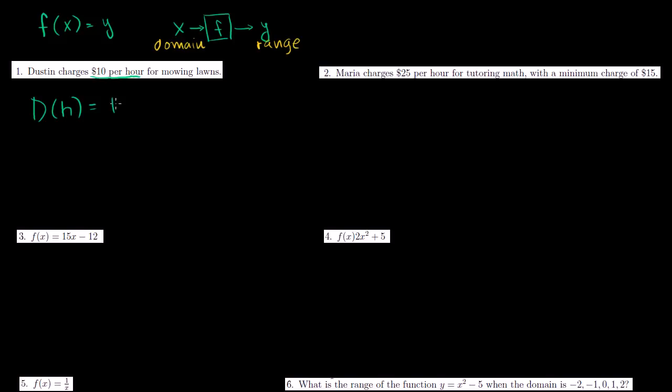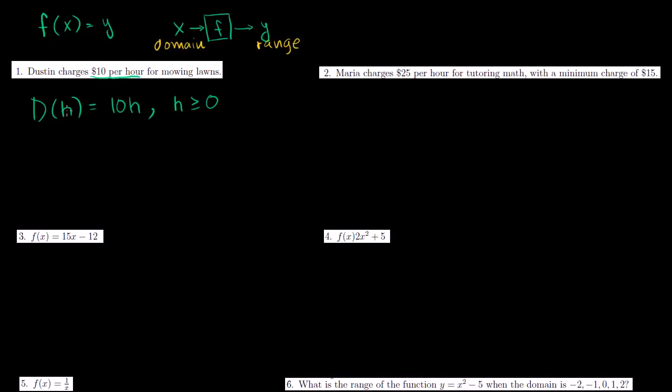I could just write 10h. And of course, he can't work negative hours. So we could write h is going to be greater than or equal to 0. That's our function definition. If you say, hey, how much is he going to charge for working half an hour?